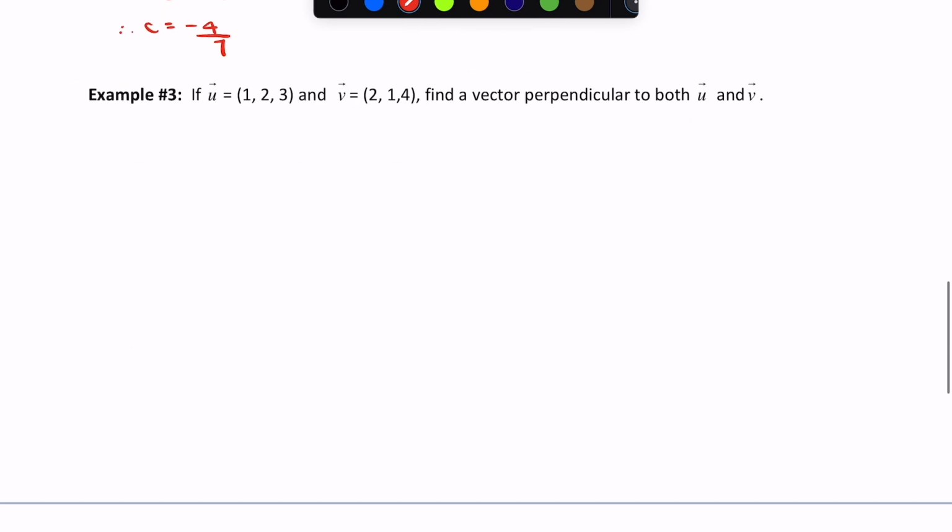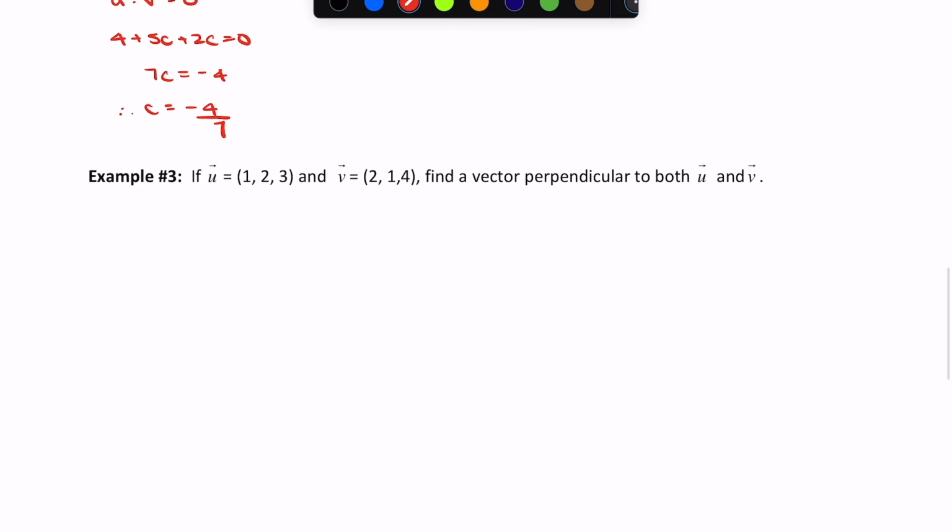Last example here says if vector u is equal to 1, 2, 3, and vector v is equal to 2, 1, 4, find the vector perpendicular to both u and v. Okay, so what we'll do here is we'll let vector a be equal to x, y, and z, and that's going to be perpendicular to both vector u and vector v.